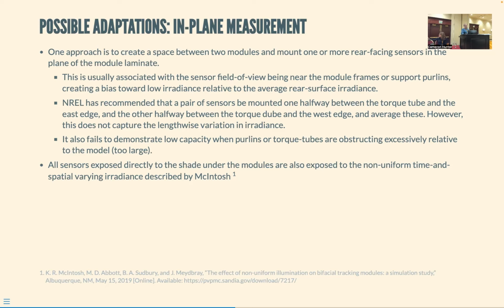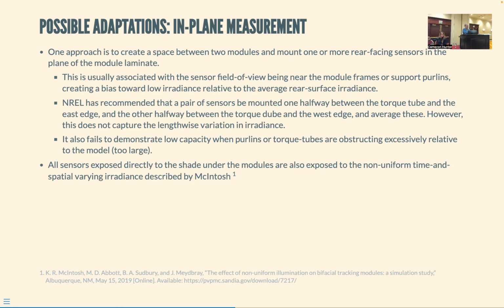So, okay. Further, Ken McIntosh showed some simulations that suggest that there's a complex field of speckled irradiance, bright and darkness that's changing on the backside of a tracker throughout the course of the day. So no single place that you put it actually is going to be representative of the average.